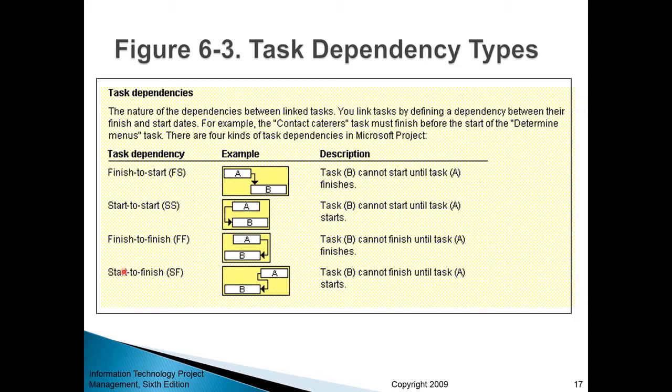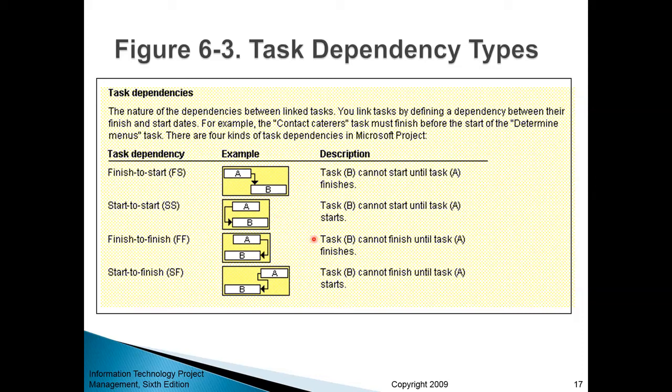Finish to finish. Task B cannot finish, right, until task A also finishes. You can pause for a second and think about an example involving two tasks where one task cannot finish until the other task also finishes.